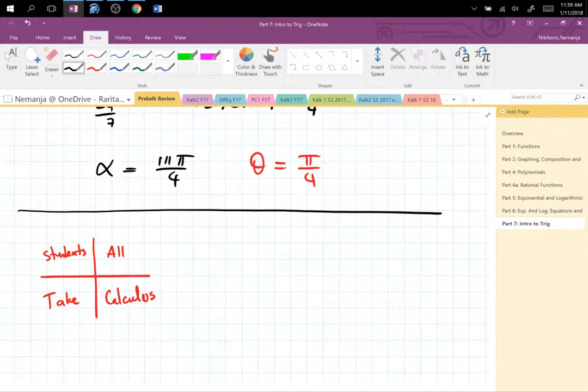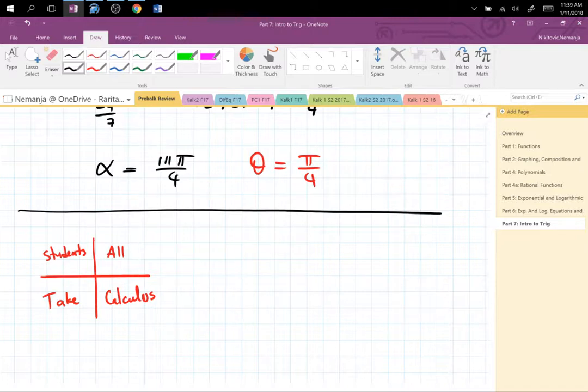Now look at 120 degrees. 120 is 2 pi over 3, and look at the values. They're the same, because it's a reference angle. Reference angle is pi over 3, and this is pi over 3.